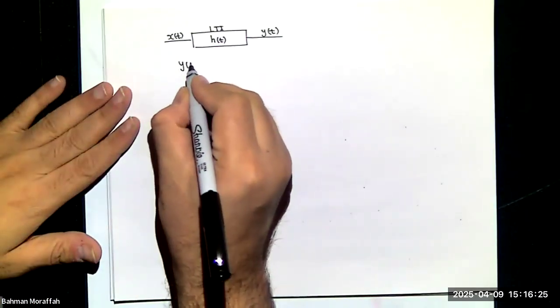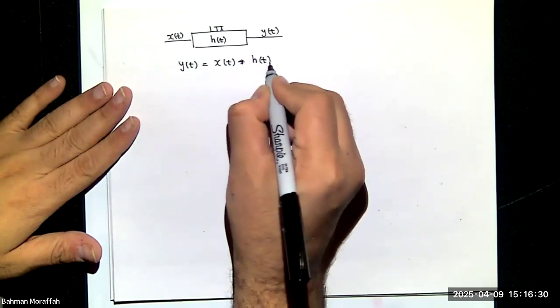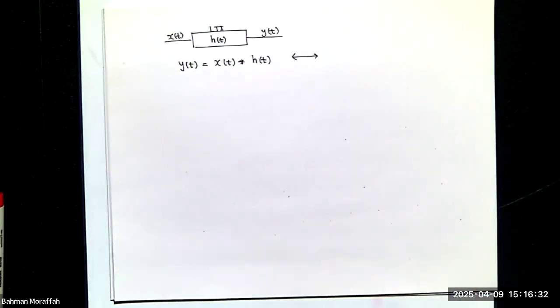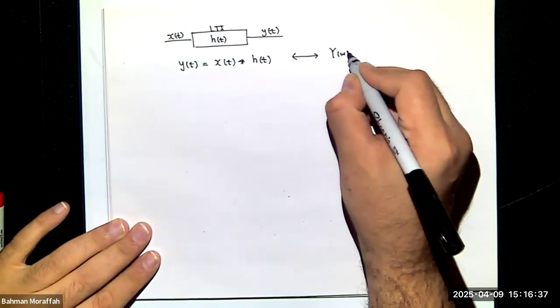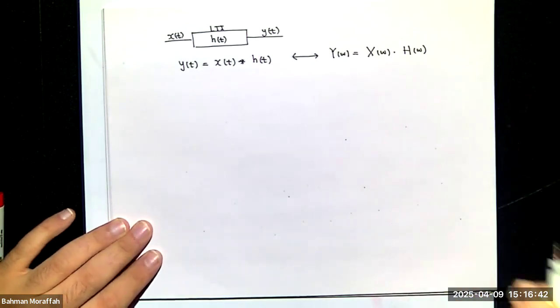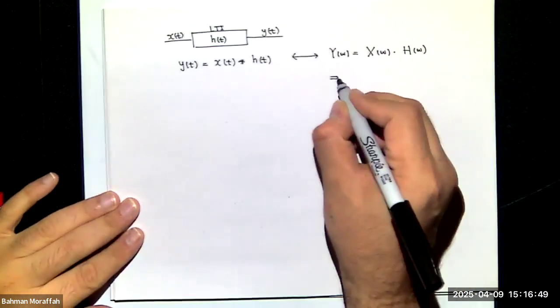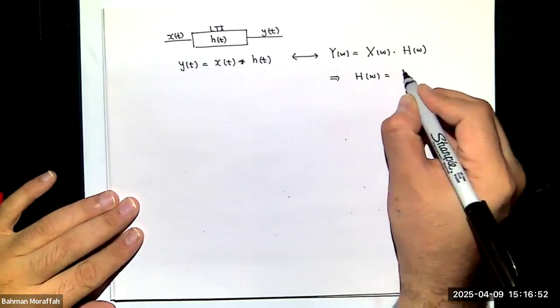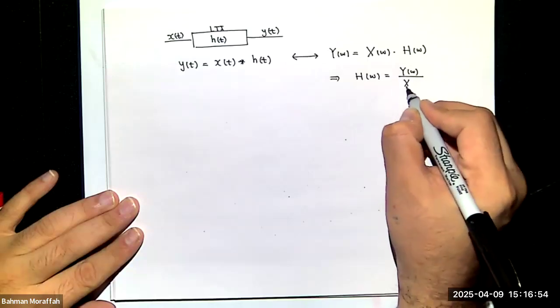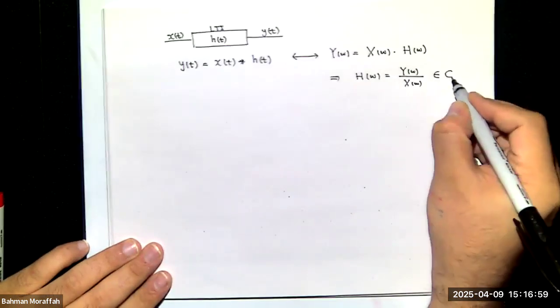I know the relationship between input and output is through this convolution, which we said, since we can uniquely go to the frequency domain, I can write this as Y of omega equals X of omega times H of omega. Basically, the convolution becomes multiplication, right? And given this, I can compute H of omega, which is my output, Y of omega divided by X. Right? Which again, we said this is a complex number.